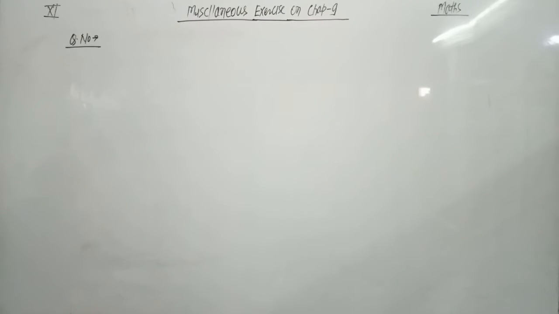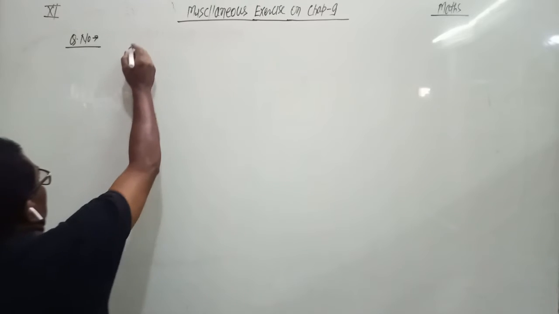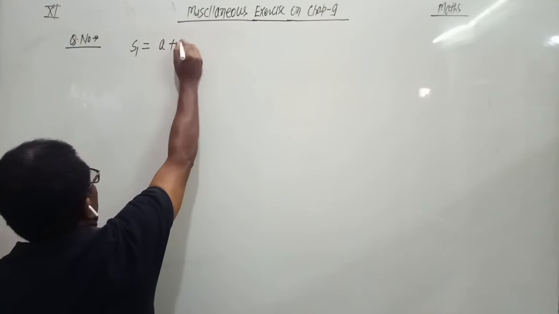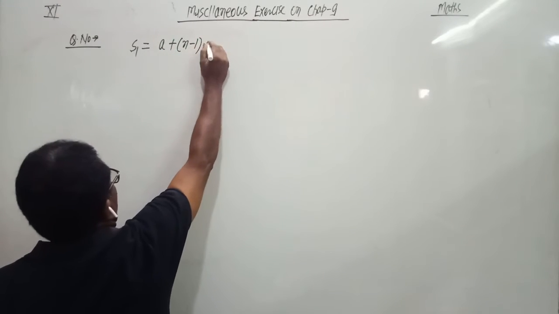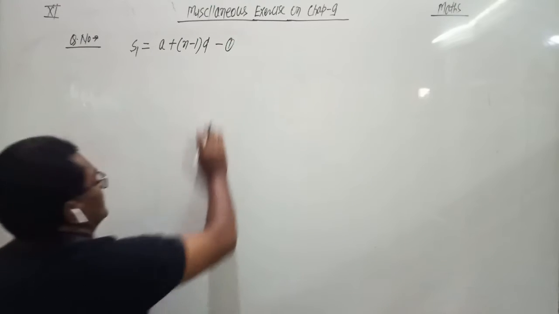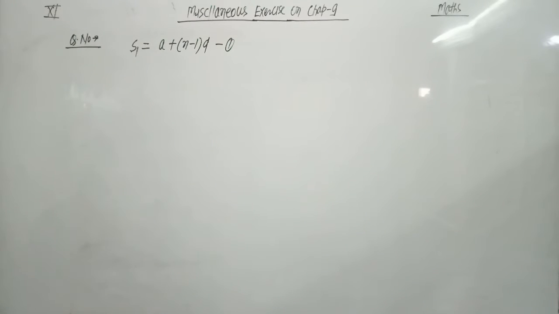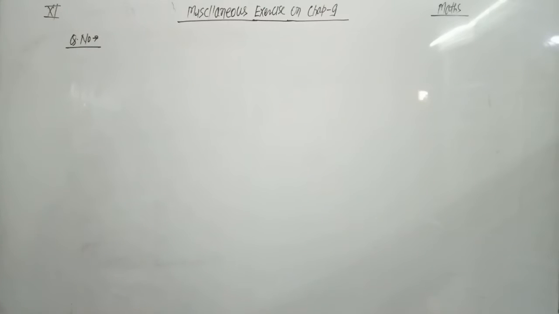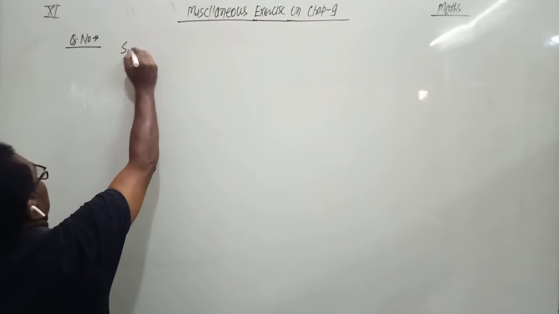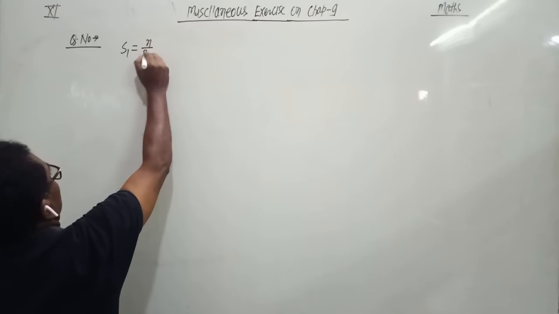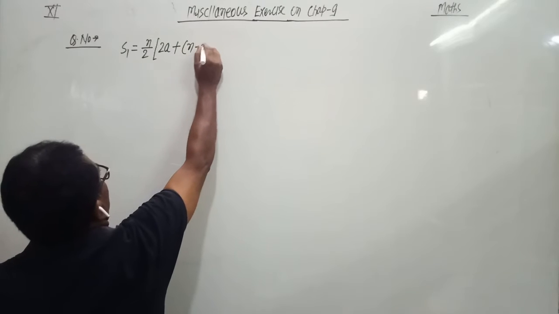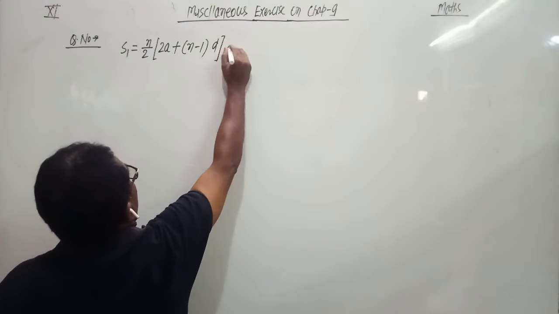Sum of n terms is S1. This is the sum of n terms of an AP, so S1 equals n by 2 into 2a plus n minus 1 into d.